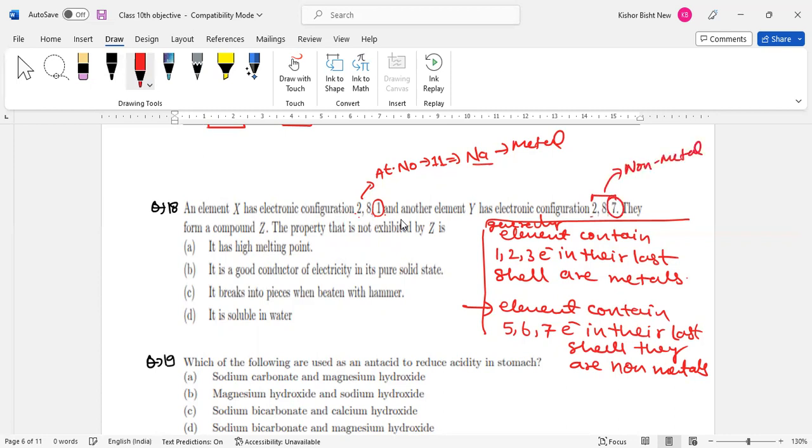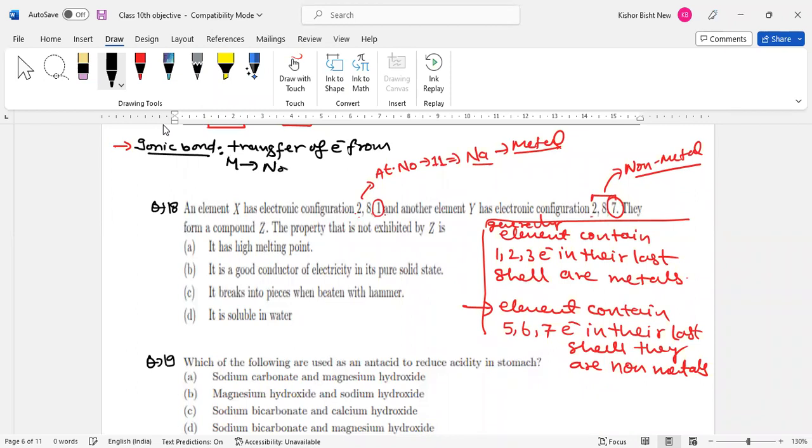All of you know that a metal with a non-metal forms an ionic compound. If you remember, what is the ionic bond? Ionic bond means transfer of electrons from metal to non-metal.